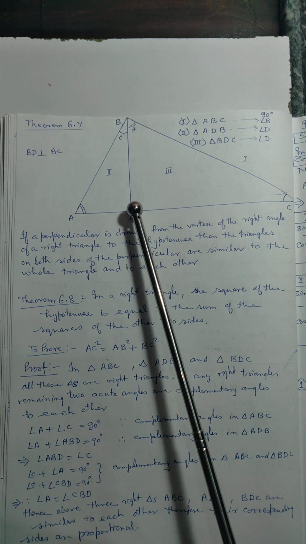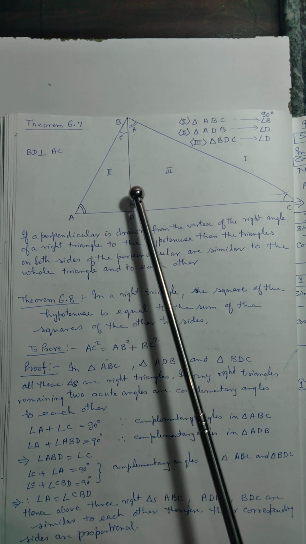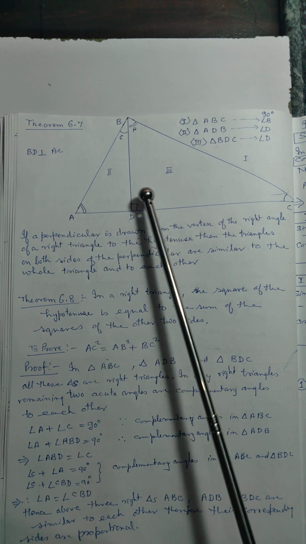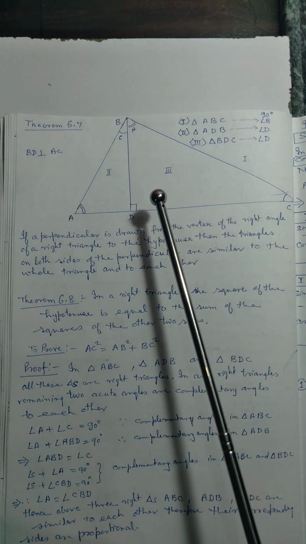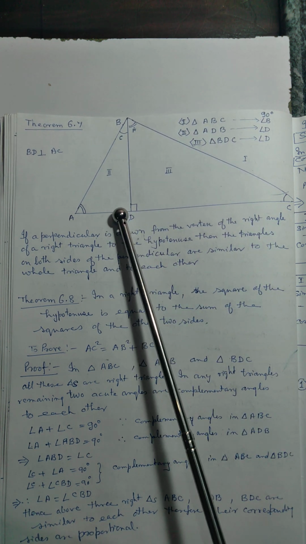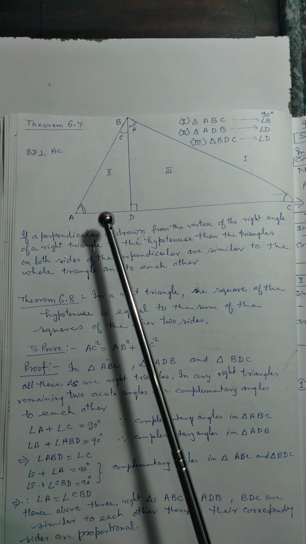So 90 degree is in the ADB and BDC. So that is why they are right angle triangles again.